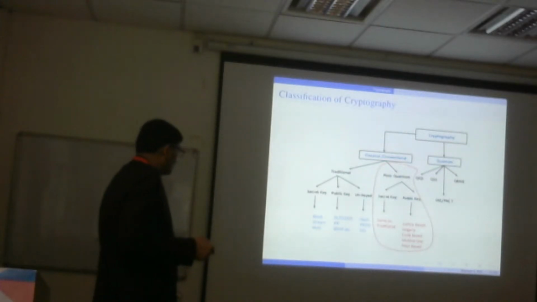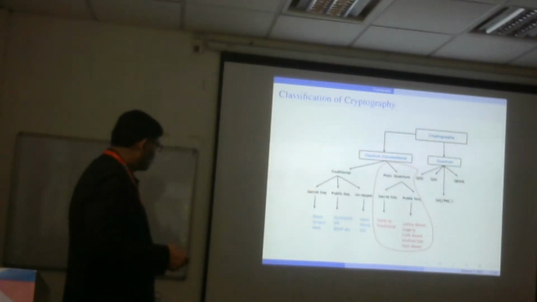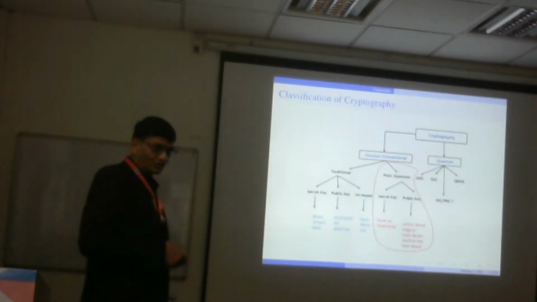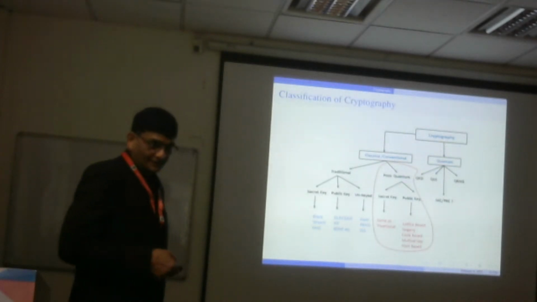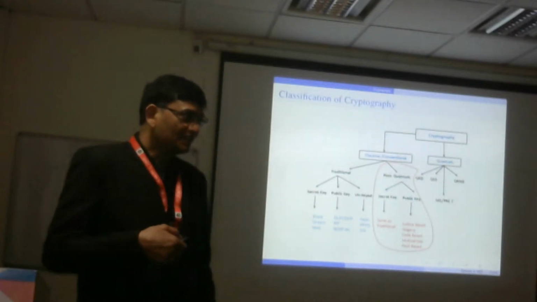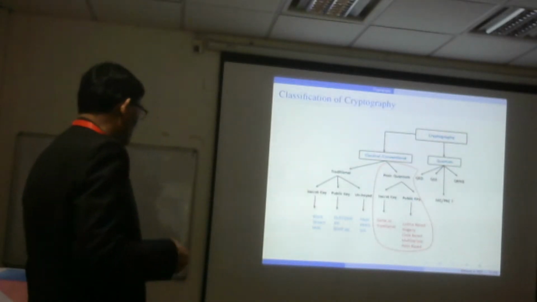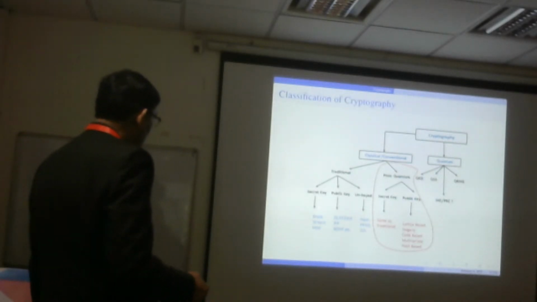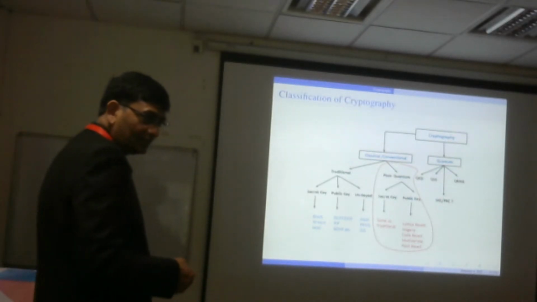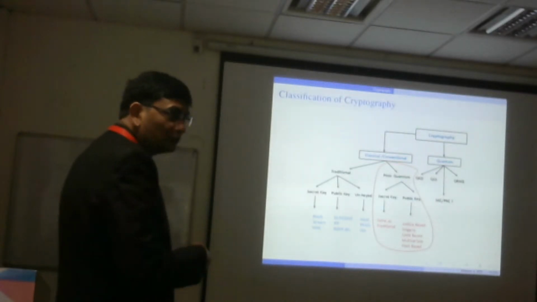Now there is post quantum. Suppose we have a quantum computer, then we have to define certain schemes which are secure when we have a quantum computer. The classical schemes were designed based on the availability of computational resources.